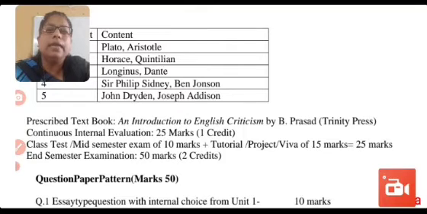And there is the end semester exam of 50 marks, that is 2 credits for end semester exam and 1 credit for the continuous assessment in the form of test and project or tutorial, etc.